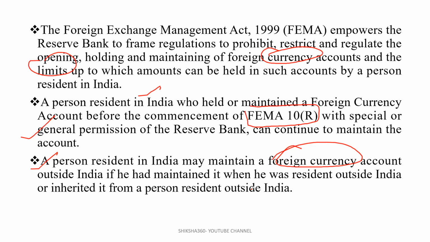Okay, that is, from a blood relation. So a person resident in India may maintain a foreign currency account outside India if he had maintained it when he was resident outside India or inherited it from a person resident outside India. Okay.